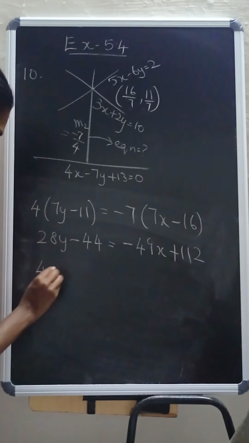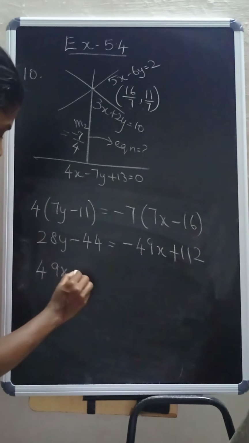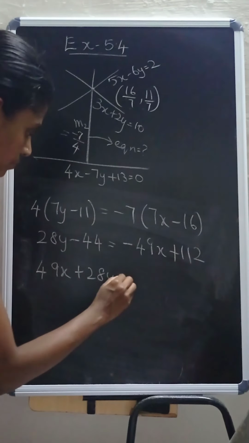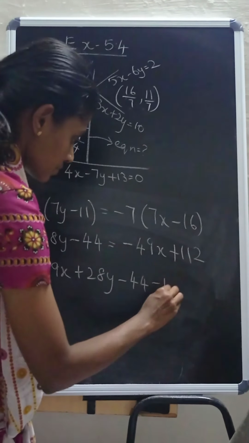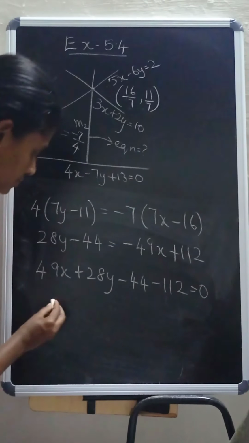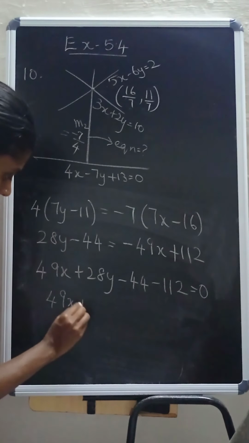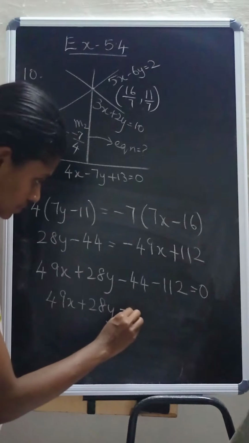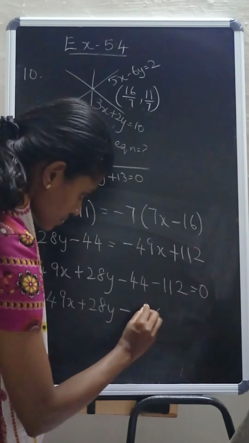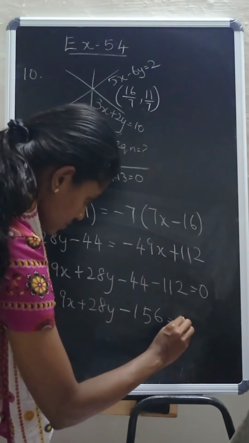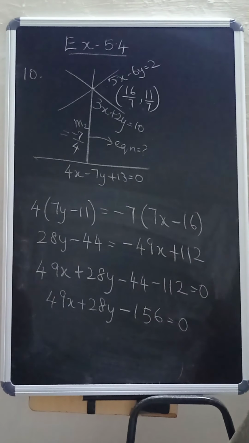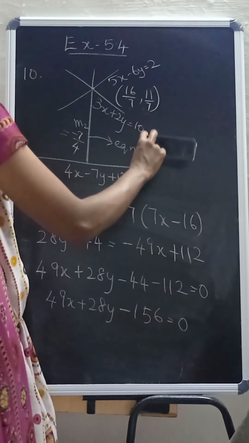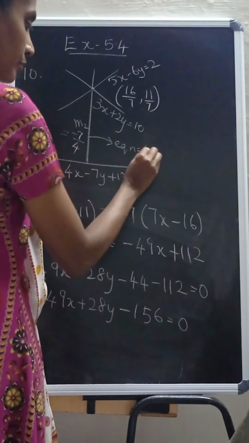Bring this to the left side. 49x plus 28y minus 156 is equal to 0 is the equation of the required straight line.